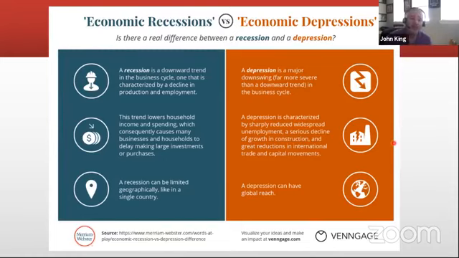Anyway, here's the reality. A recession is singularly focused, either on a particular geographic area or on a particular industry. It's not affecting everybody and everything everywhere. A depression is affecting everybody and everything everywhere. And if you look at today's economy, there are some sectors of the economy that are doing super, super well. Real estate being one of them.